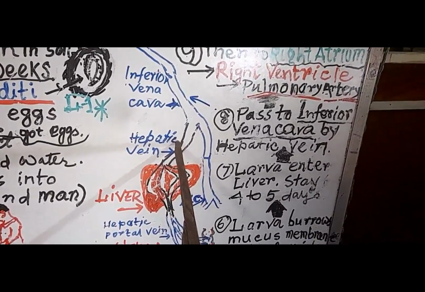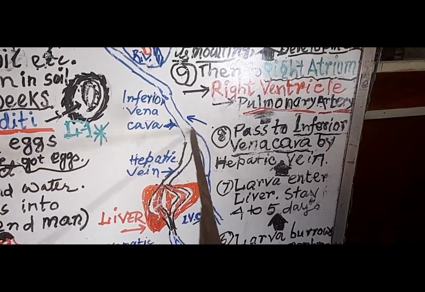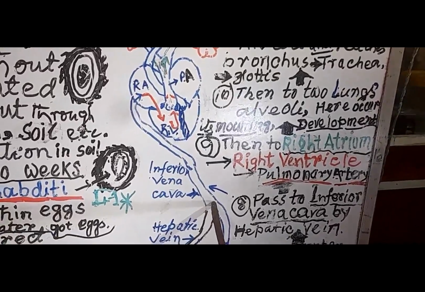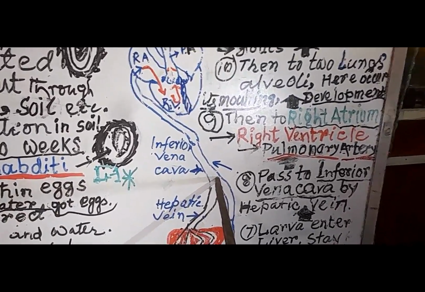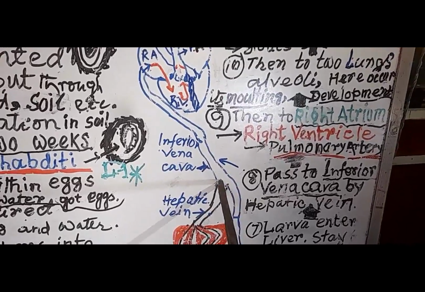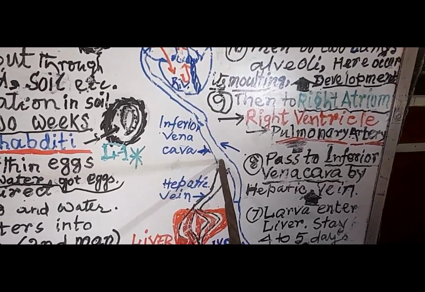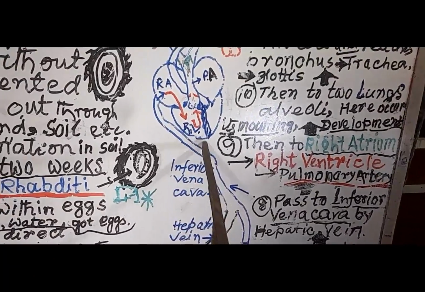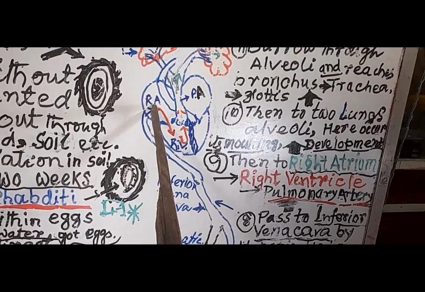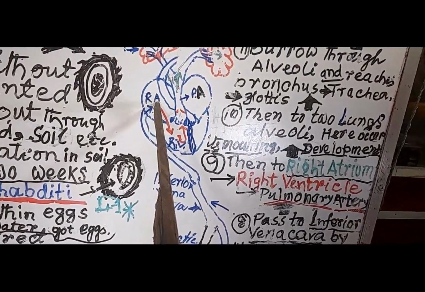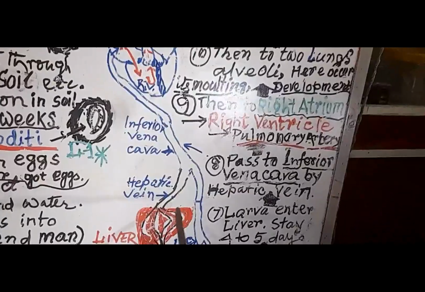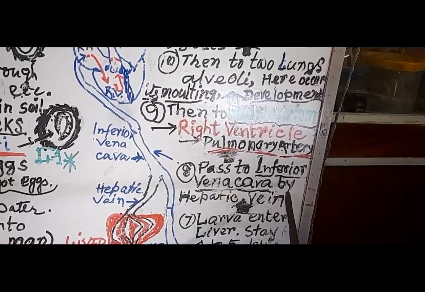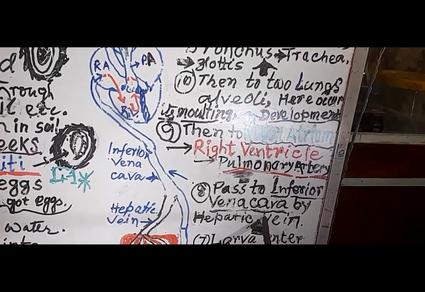This hepatic vein joins with the main posterior vena cava, or inferior vena cava, or postcaval vein. 3 names are there. And this enters into the heart of the human, the second person, and the larva passes to the inferior vena cava by the hepatic vein.